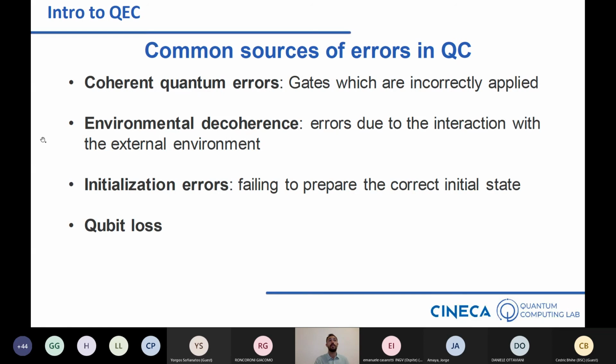Environmental decoherence usually adds phase errors. You can model the interaction with the environment with something that changes the phase, or something that is called dissipative.